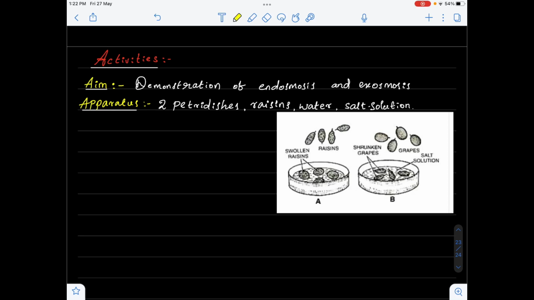The third step in this activity is method. So in this method, first what should we do? We should take the 2 petri dishes. See, this is the petri dish A and this is the B. In petri dish A, we should take plain water.